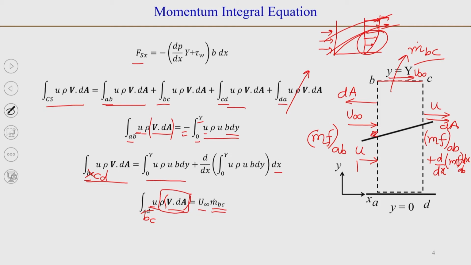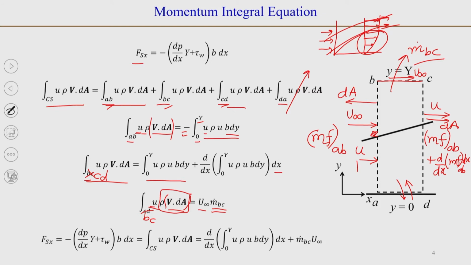So, we have obtained the momentum flows at the surfaces AB, BC and CD, and at the surface DA there is no flow either coming in or going out, and there is the no-slip boundary condition there. So, this term is 0.